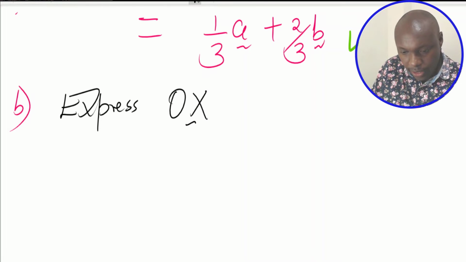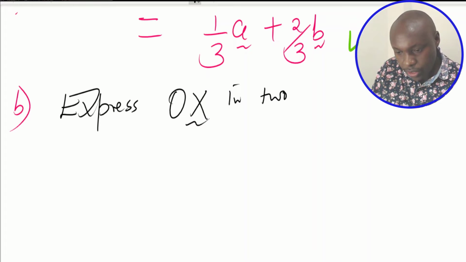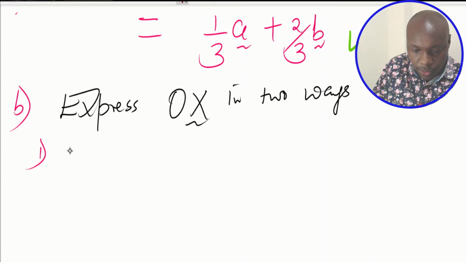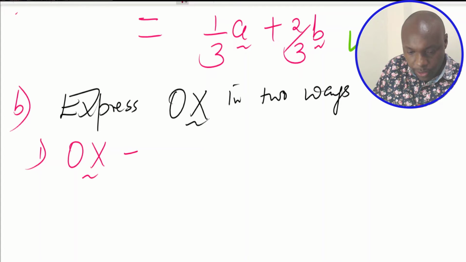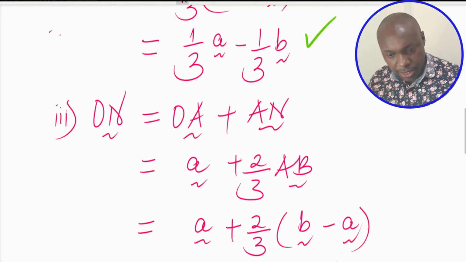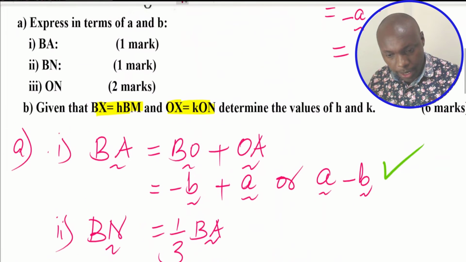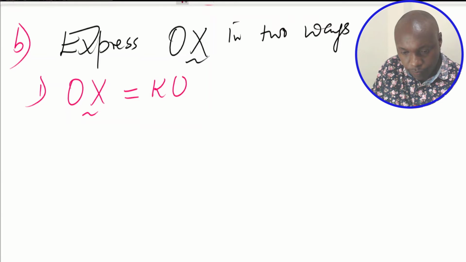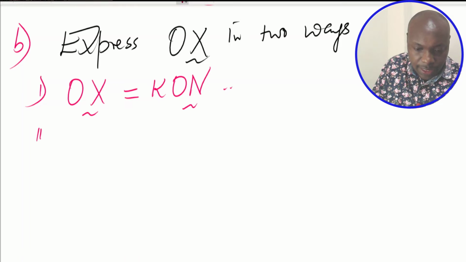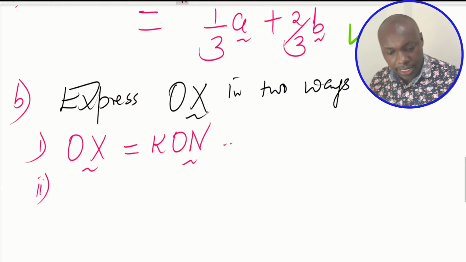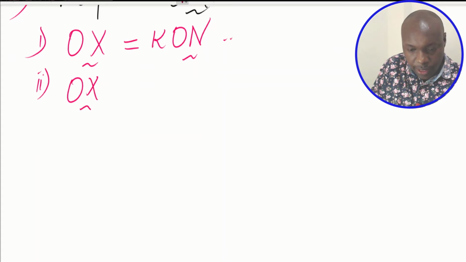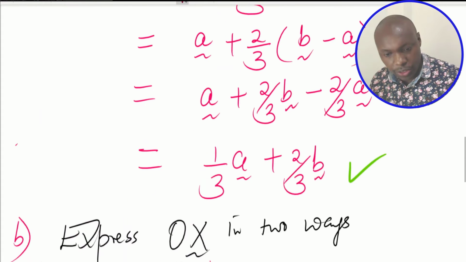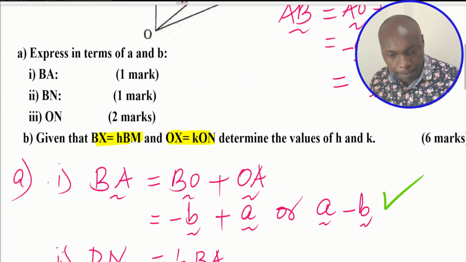So if we express vector OX in two ways, the first way of expressing OX would be what you have here, KON, where K is the scalar. The second expression of OX must utilize vector BX.